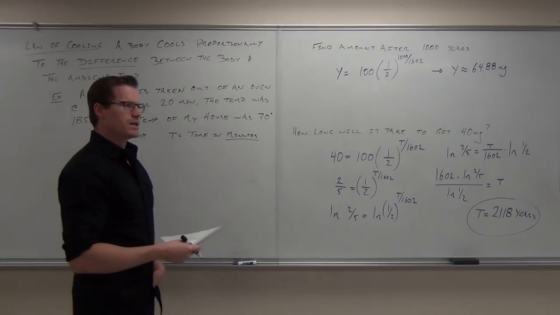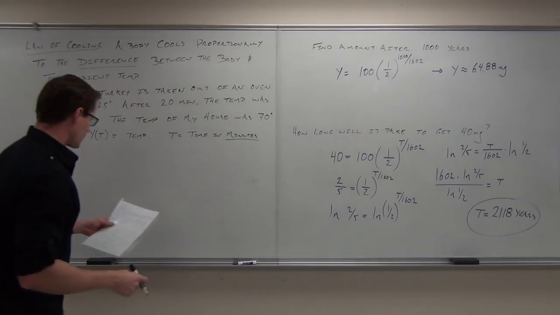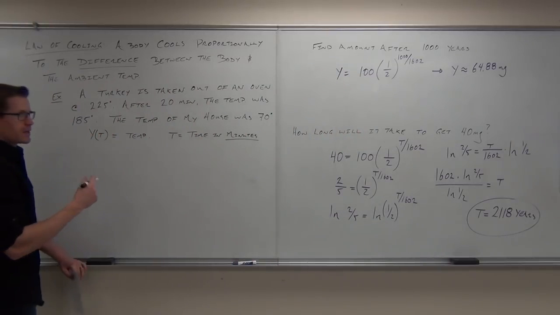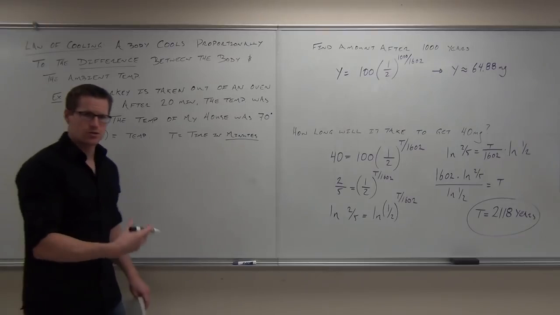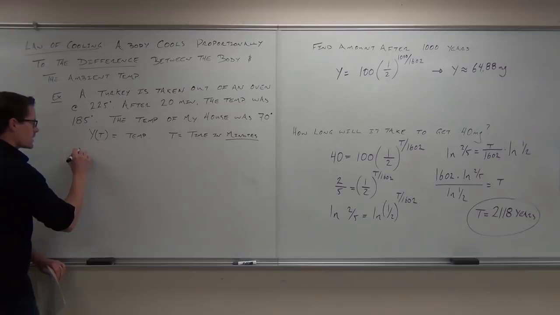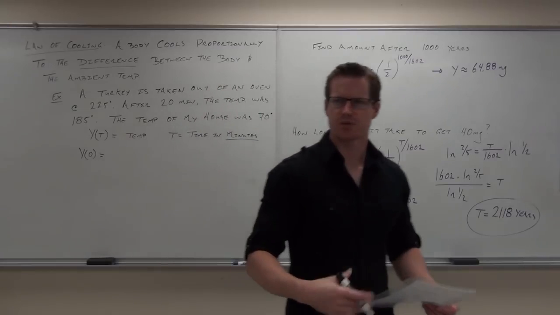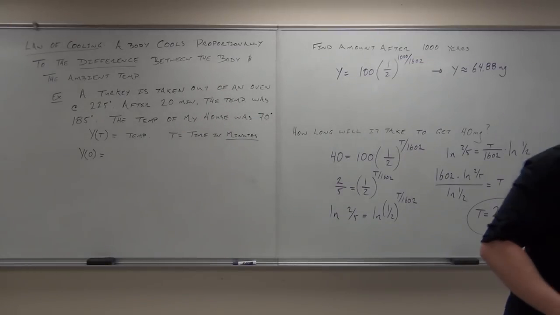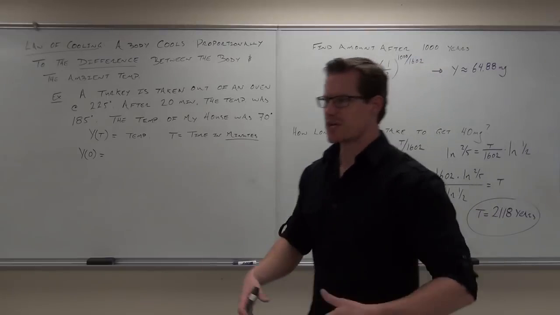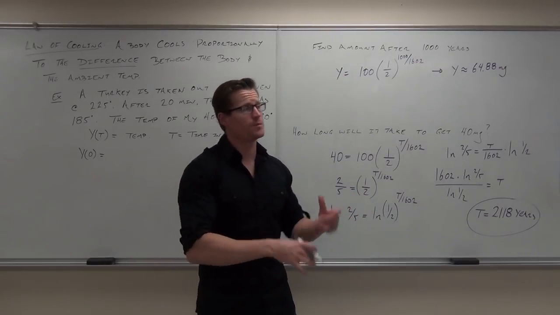Now, there's a few things that we need to identify before we start our problem. The first one, we got to figure out what our initial values are for this situation. Can you tell me what y of 0 actually means in reference to this problem? I don't want you just to do these things by rote memorization of how to do differential equations and these cooling problems, but understand what it means.